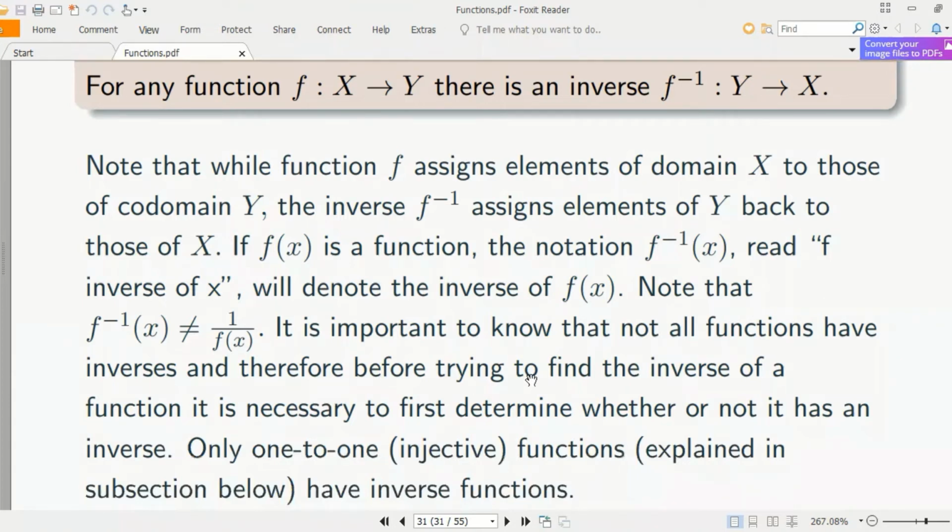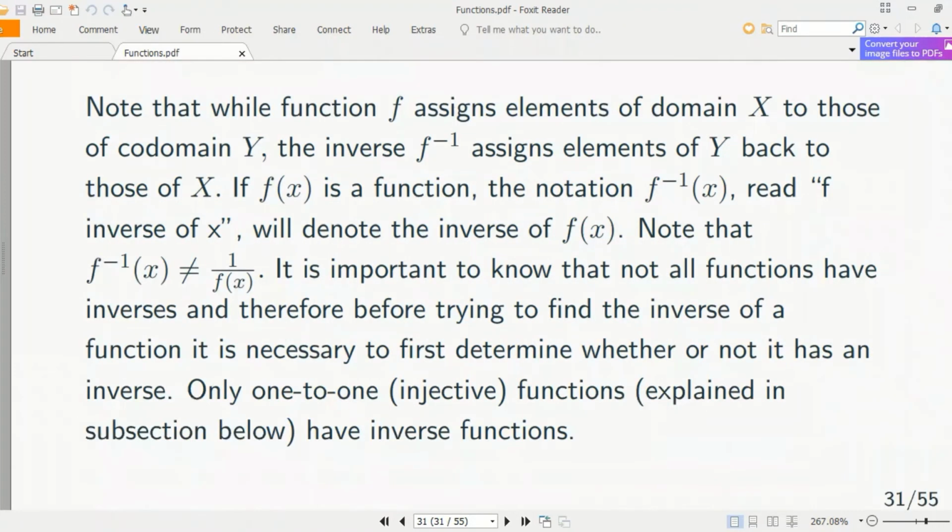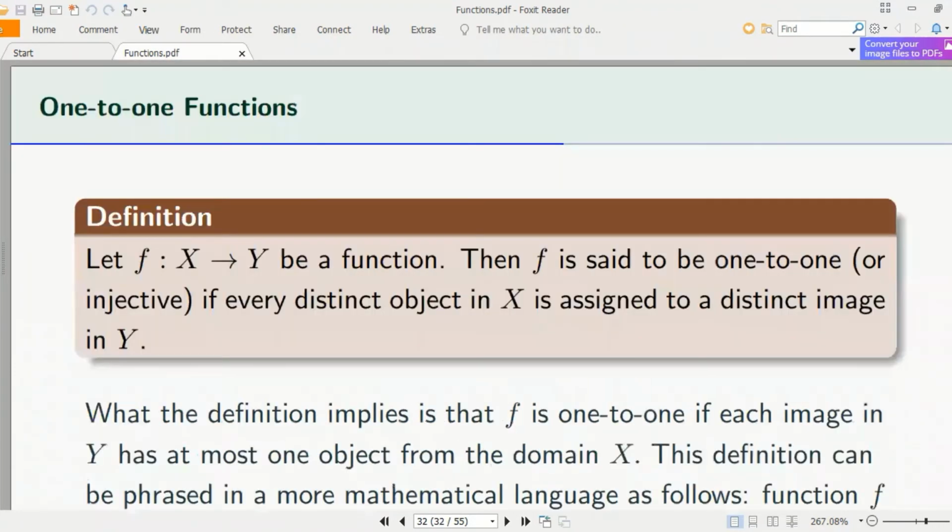Therefore, before trying to find the inverse of a function, it's necessary to determine whether or not it has an inverse. Only one-to-one functions, which we also call injective functions, have inverses. So I want to teach you what a one-to-one function is. Let us now look at one-to-one functions.